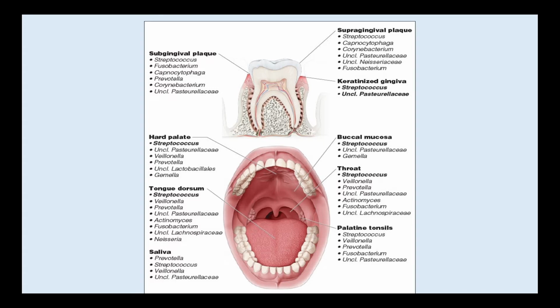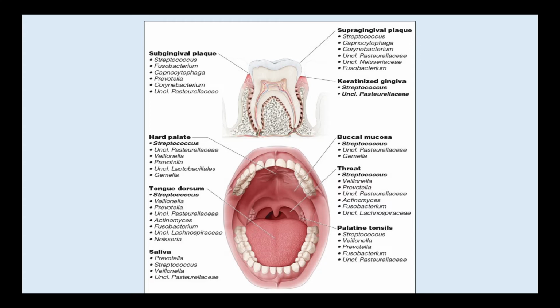And another side of this problem: different sites of the oral cavity contain different types of bacteria. It means different numbers and different species.